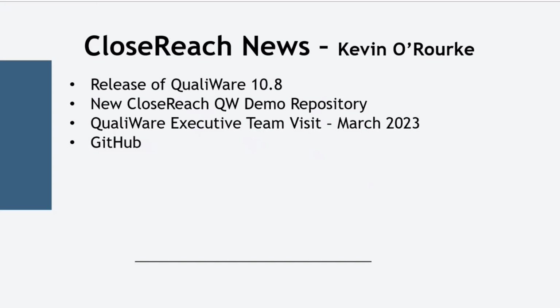Some are issues and some are, oh wow, I didn't know you could do this now. But there are release notes and additional information on the QualiWare Center of Excellence website. So we expect to hear a lot more from different departments as they start to upgrade.